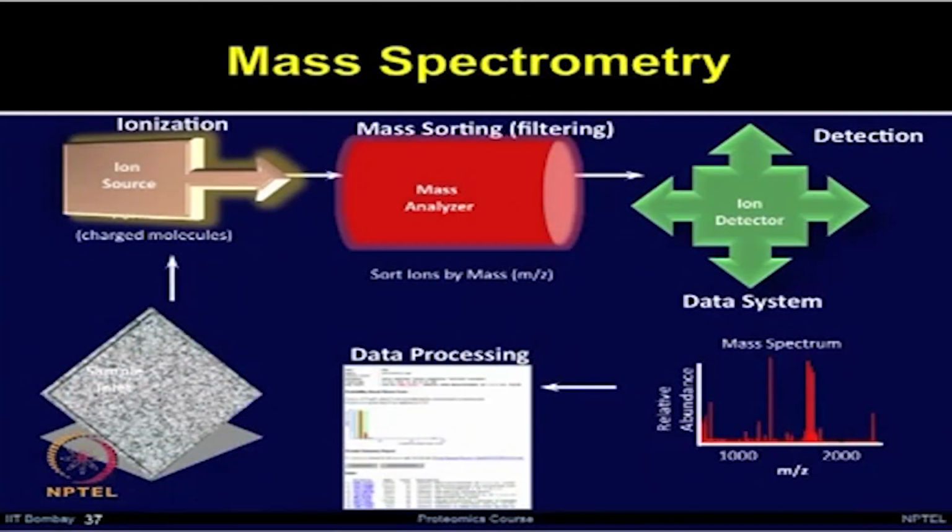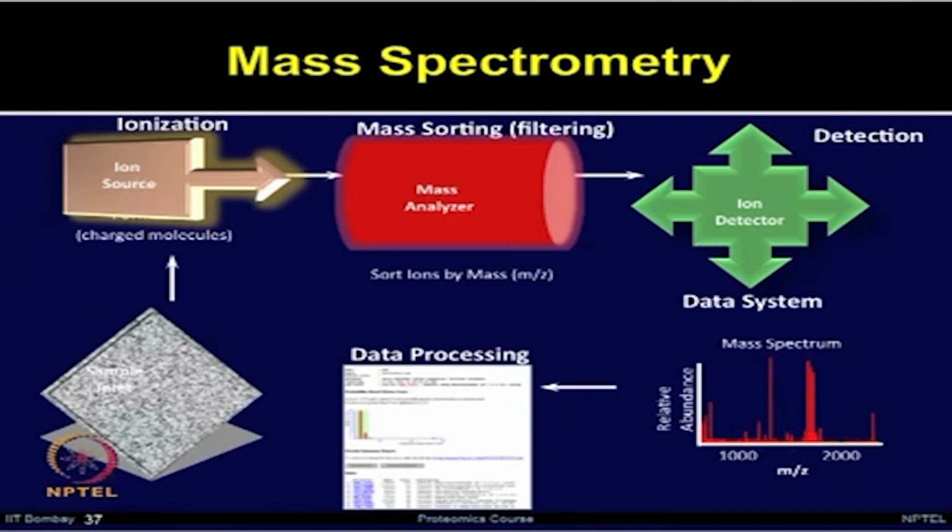Mass spectrometry is another technique for protein identification and analysis by production of charged molecular species in vacuum and its separation by magnetic and electric fields based on m/z ratio.